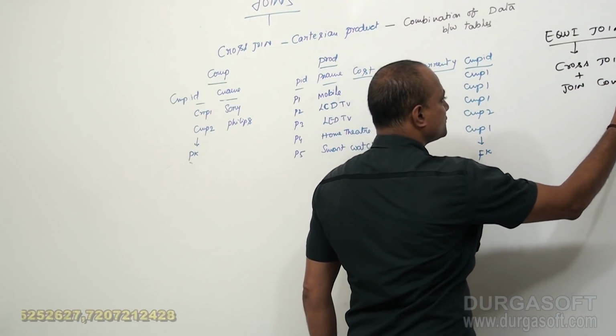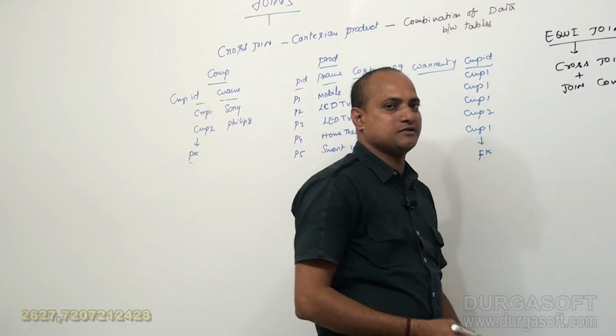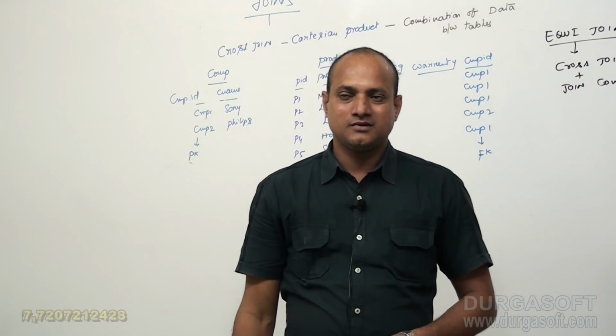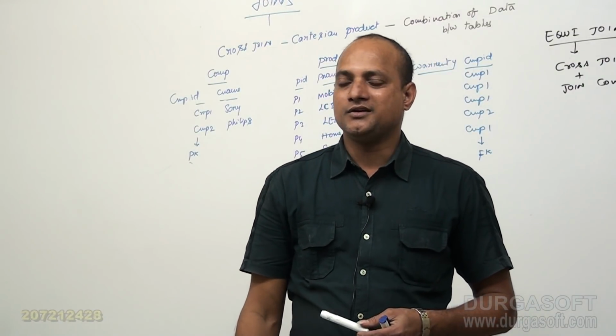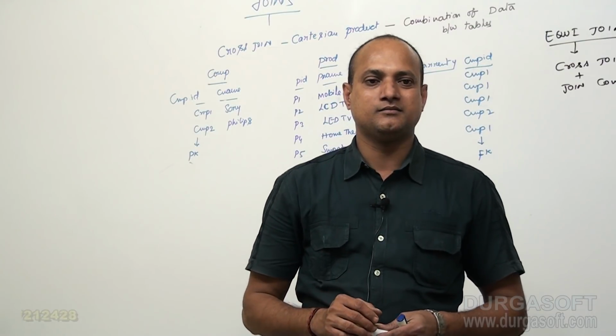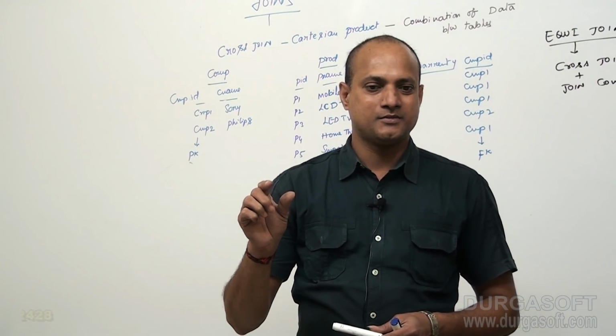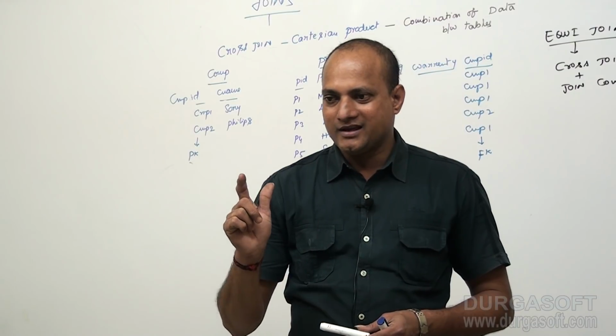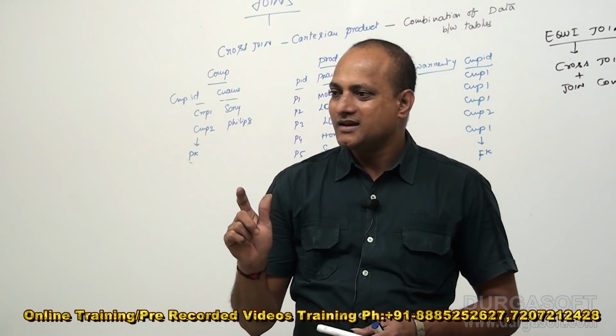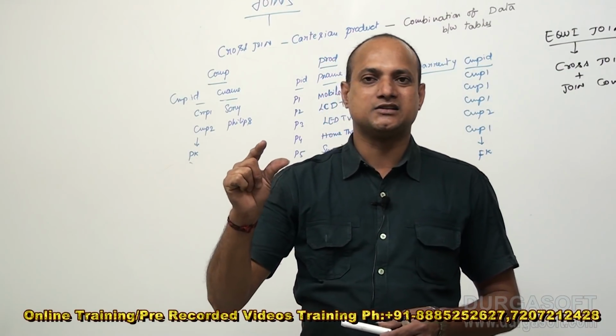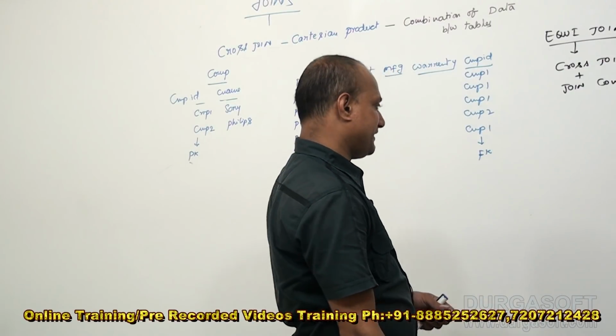Cross join with join condition is called Equijoin. A cross join is known as Equijoin if we specify join condition by using equal to operator. A cross join query is known as Equijoin query if you specify join condition by using equal to operator.